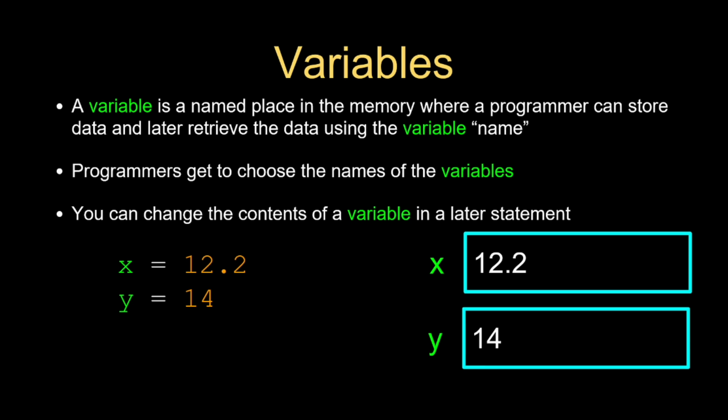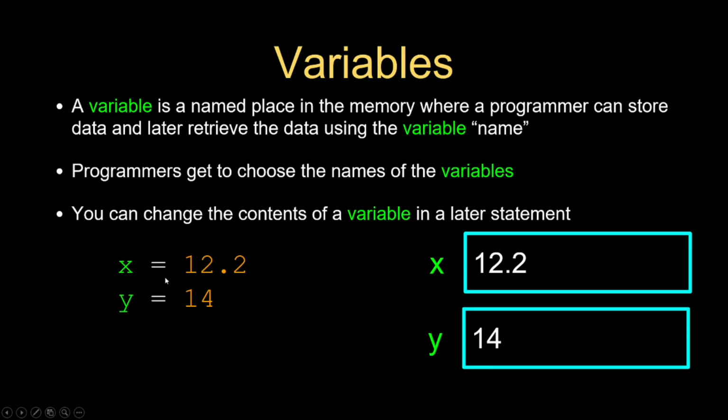So remember, I think I have discussed this in a previous lecture video. The equal sign is not used in a form of equality, so it doesn't mean that x will always be equal to 12.2, but instead how you're going to read this is 12.2, this value is being assigned to the variable x using this equal sign.